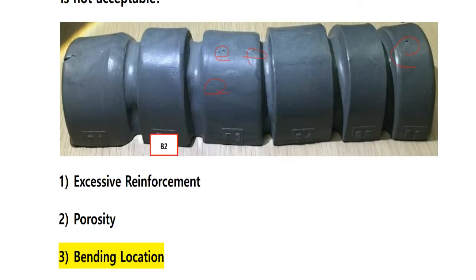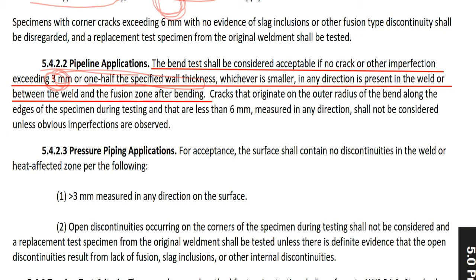Let's say the weld thickness is 10 mm, then the acceptance criteria becomes 5 mm because of 1/2 the specified weld thickness. But you take whichever is smaller. So you choose 3 mm as the criteria, in any direction in the weld or between the weld and fusion zone after bending.